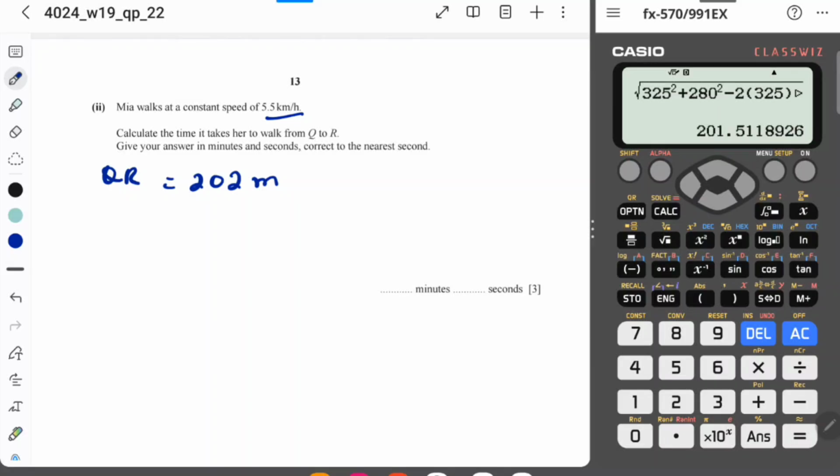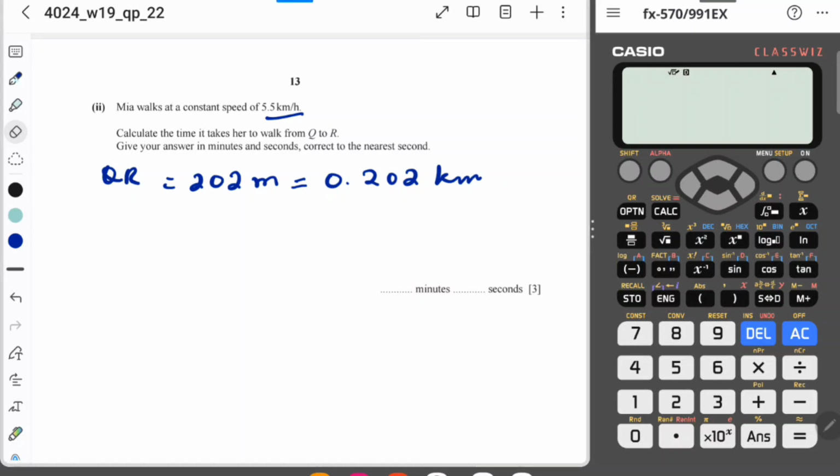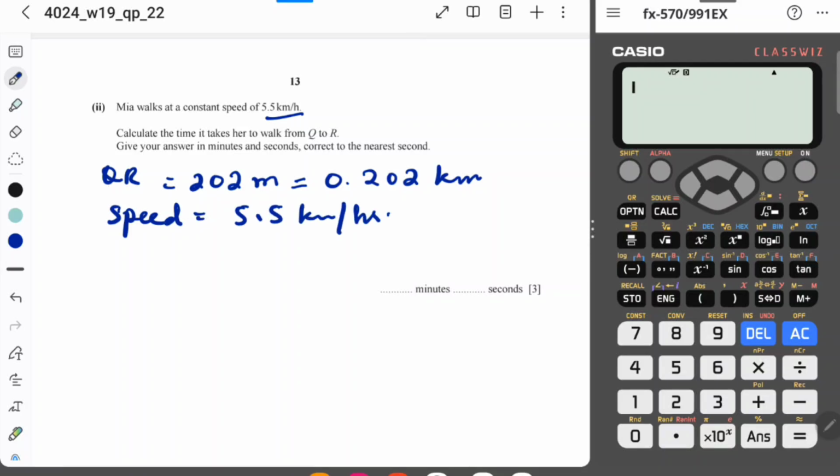So you divide by 1000, that will be 0.202 kilometers. The speed is 5.5 kilometers per hour, and the distance is 0.202 kilometers.